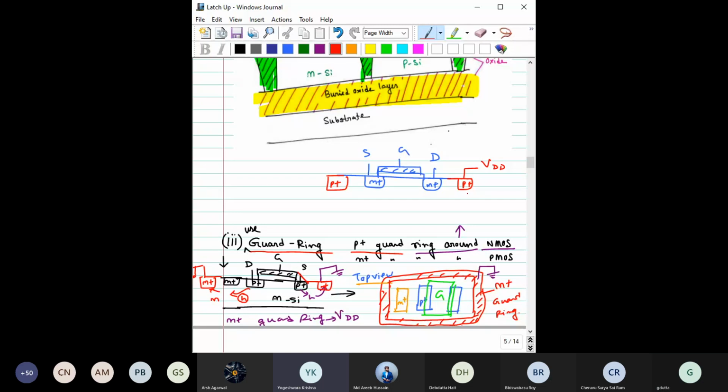You have another P plus region here. This is connected with the body, right? That's how you can actually prevent the latch up.